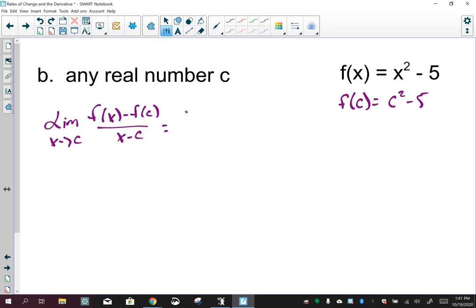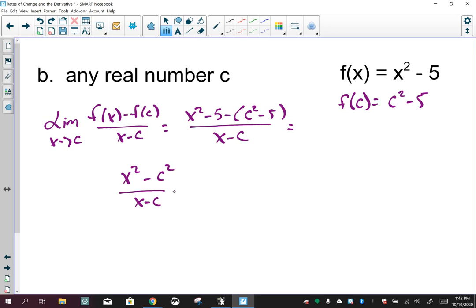So we have x squared minus 5 minus c squared minus 5 all over x minus c. So then I have x squared minus c squared all over x minus c. That gives me x plus c times x minus c all over x minus c. These cancel.